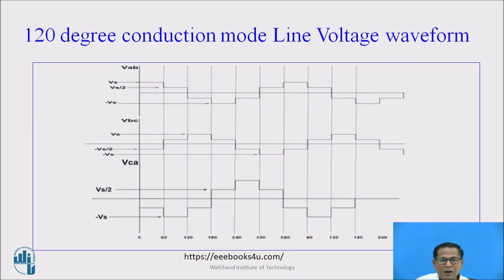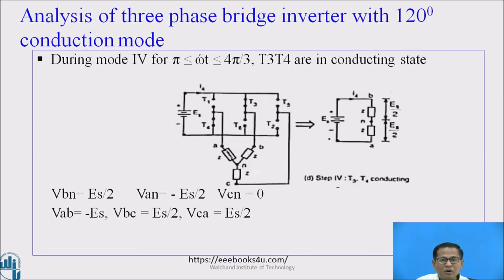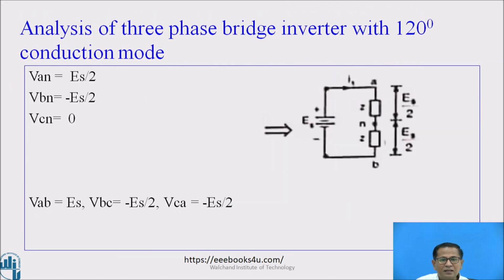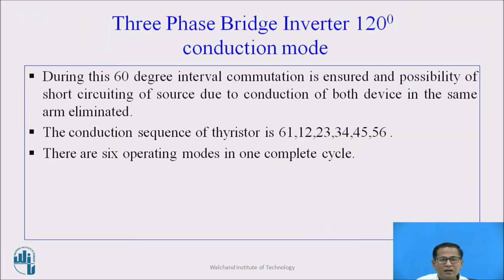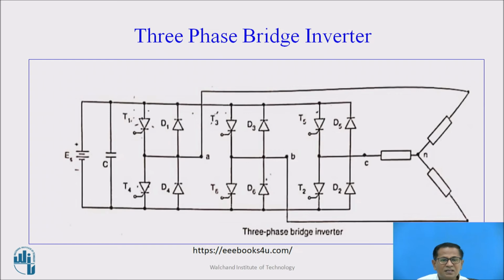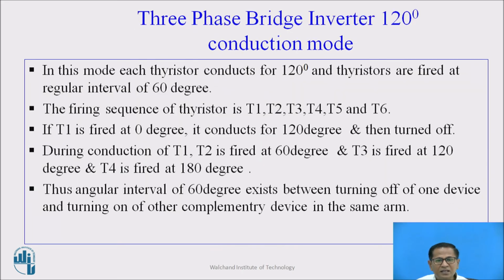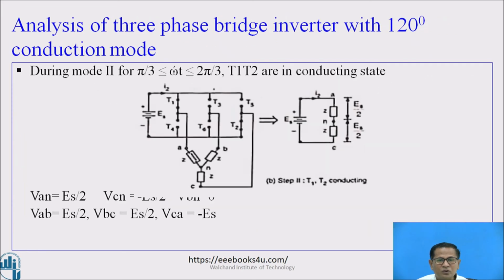Means the power devices from the same leg do not conduct together. Here T4 conducts 60 degree after the turn off of T1. Means within that 60 degree, definitely commutation of T1 takes place. So there is no possibility of short circuit. That's why in the 120 degree mode, there is no possibility of short circuit.